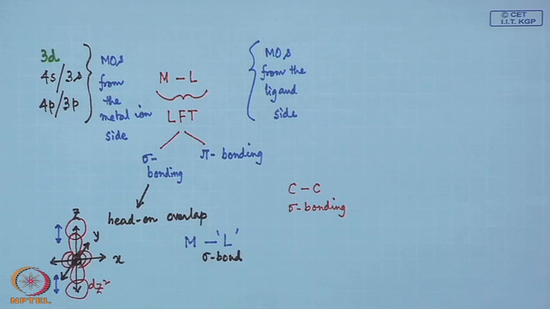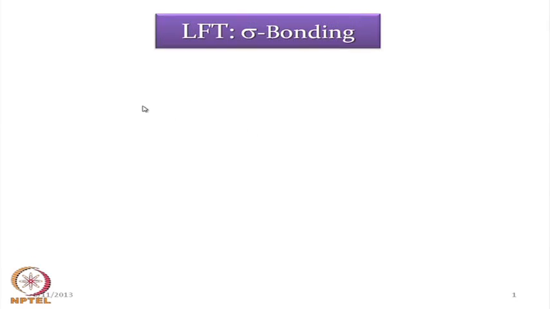So, what we find is that in the theory for the ligand field, we get the typical sigma bonding interactions between the metal orbitals and the ligand orbitals, which lie on a particular Cartesian axis, and head-on overlap takes place between the metal orbital and the ligand orbital. That also depends on the number of electrons available on the bonding orbitals, from the metal side and from the ligand side.